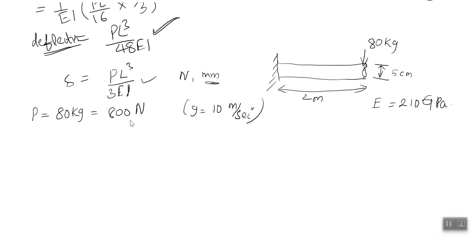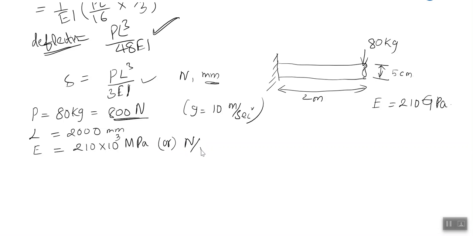This is our P value, that is load value, and the length is 2 meters, which is 2000 millimeters, and Young's modulus 210 GPa is nothing but 210 into 10 cube MPa, or Newton per mm square.